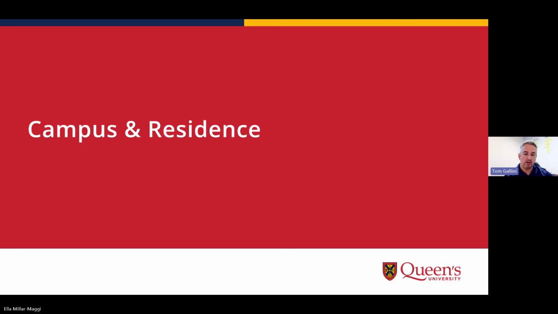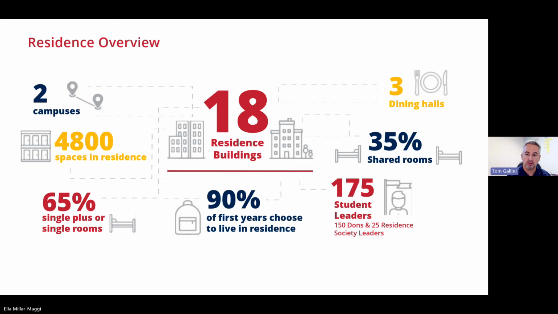But before we do that, I did just want to talk a little bit about campus and residence more broadly, just so we have that shared foundational knowledge. So going into the 2026-27 academic year, we're going to have just over 4,800 bed spaces in residence. Just under 2/3 of those rooms are single or single plus rooms.